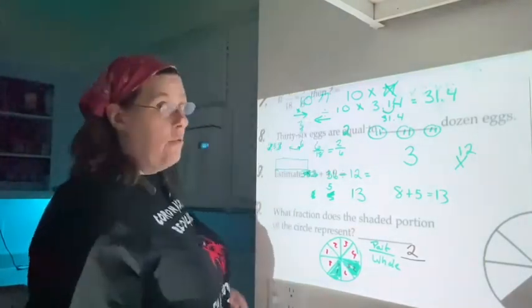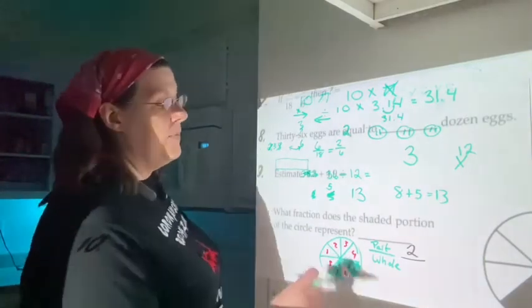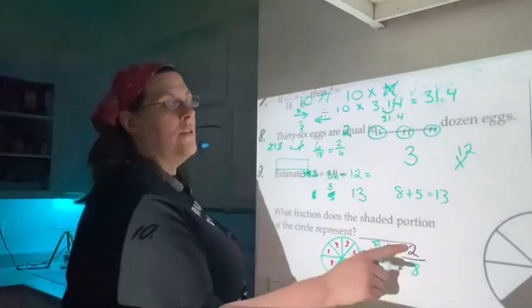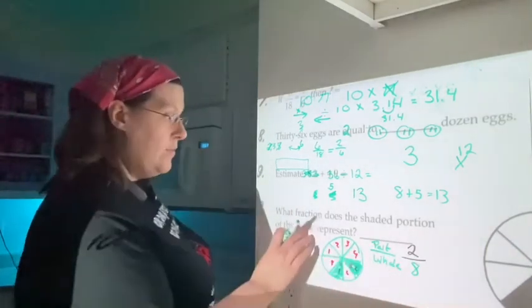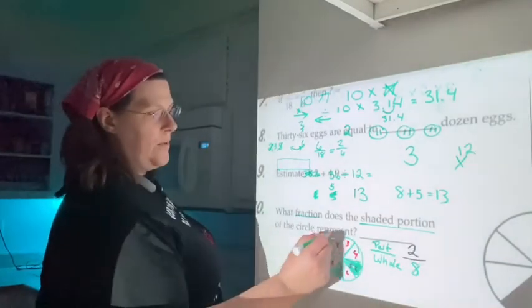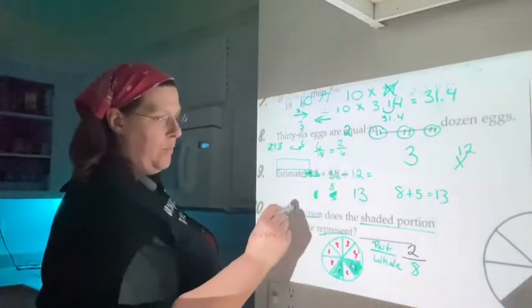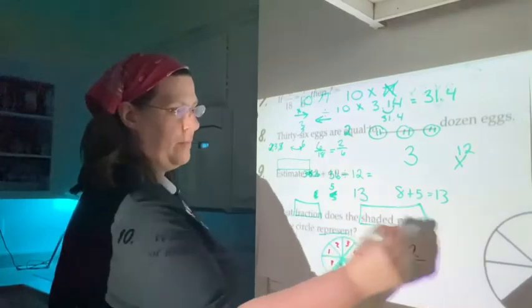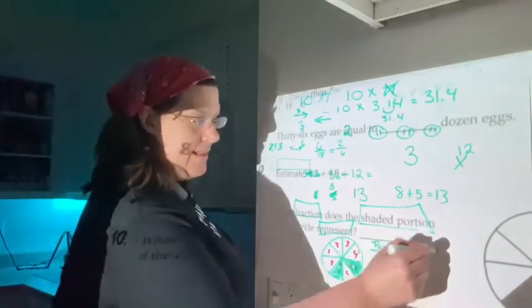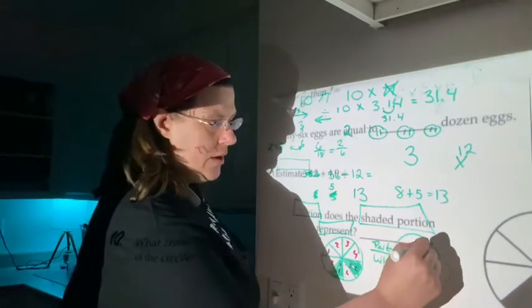So we know that there are 8. So our fraction becomes 2 over 8. That's the fraction of the shaded portion they want. So 2/8 are shaded.